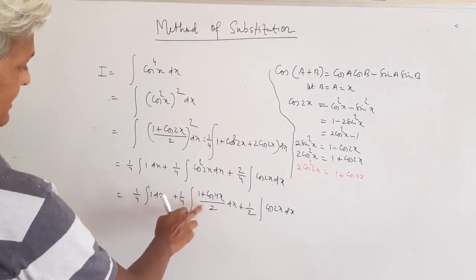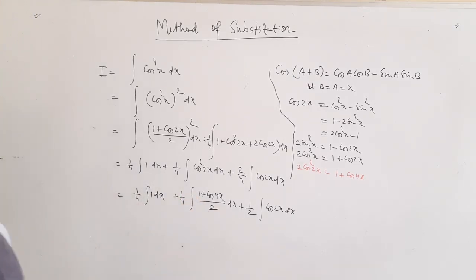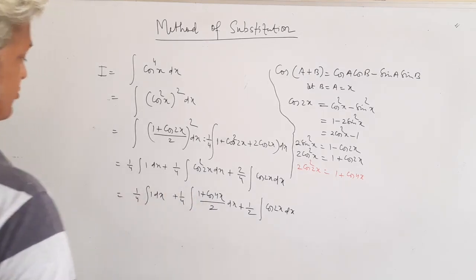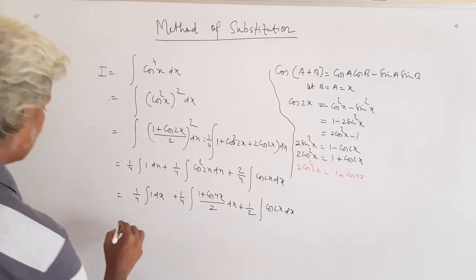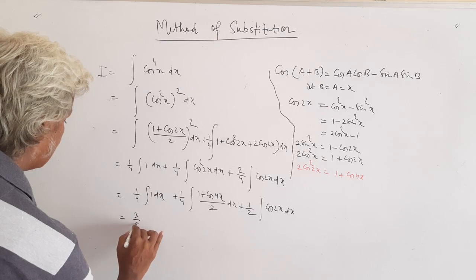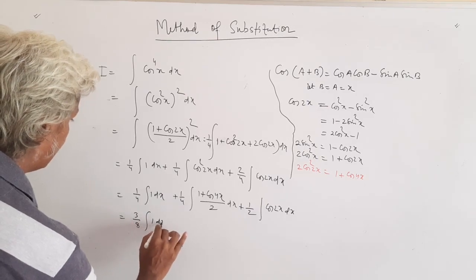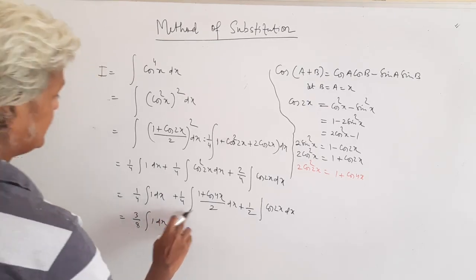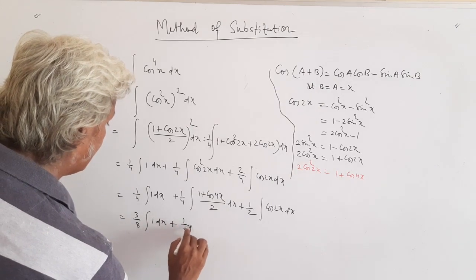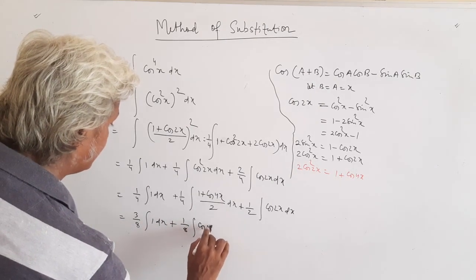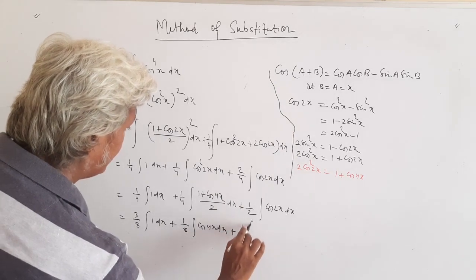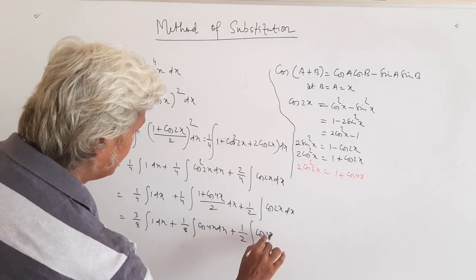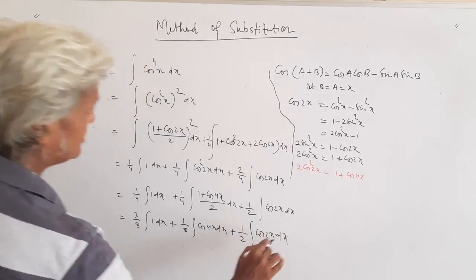This 1 by 4 into 1 by 2 is 1 by 8. 1 by 8 plus 1 by 4, that is 2 by 8, and the total can be written as 3 by 8. So this is 3 by 8 integration 1 dx plus 1 by 8 integration of cos 4x dx plus half integration of cos 2x.